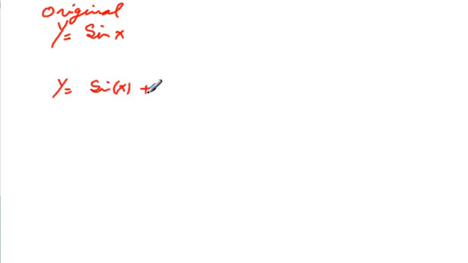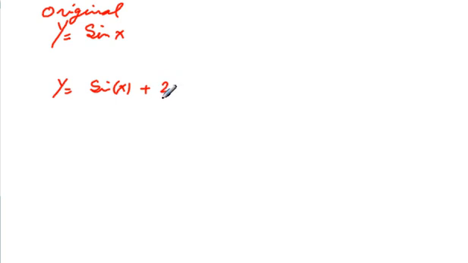So let's take sine of x and do everything to sine. The exact same sort of ideas apply to cosine. So here's our original. Let's see if you remember. Suppose I write y equals sine of x plus 2.